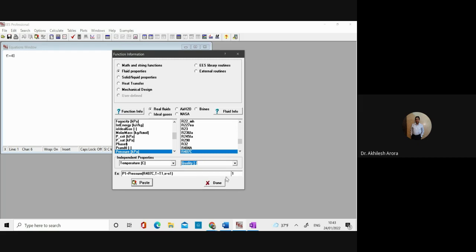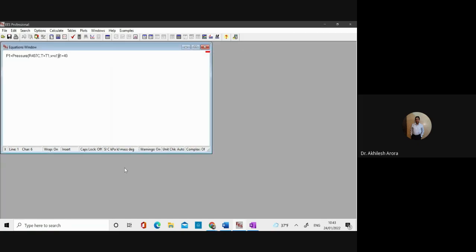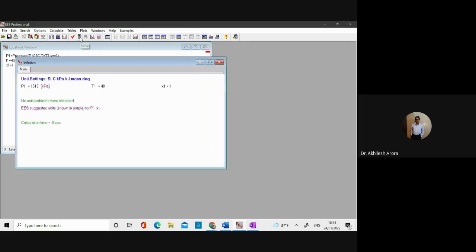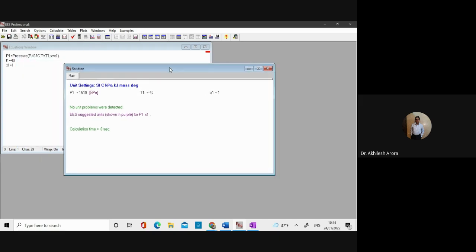Let us say once again it is 1 only, and paste it, and then I take the value of x1 equal to 1 and calculate this value. Now let us see what it says. The value of pressure comes out to be 1519. Now what is this pressure? This is the pressure of the saturated vapor corresponding to 40 degrees Celsius.